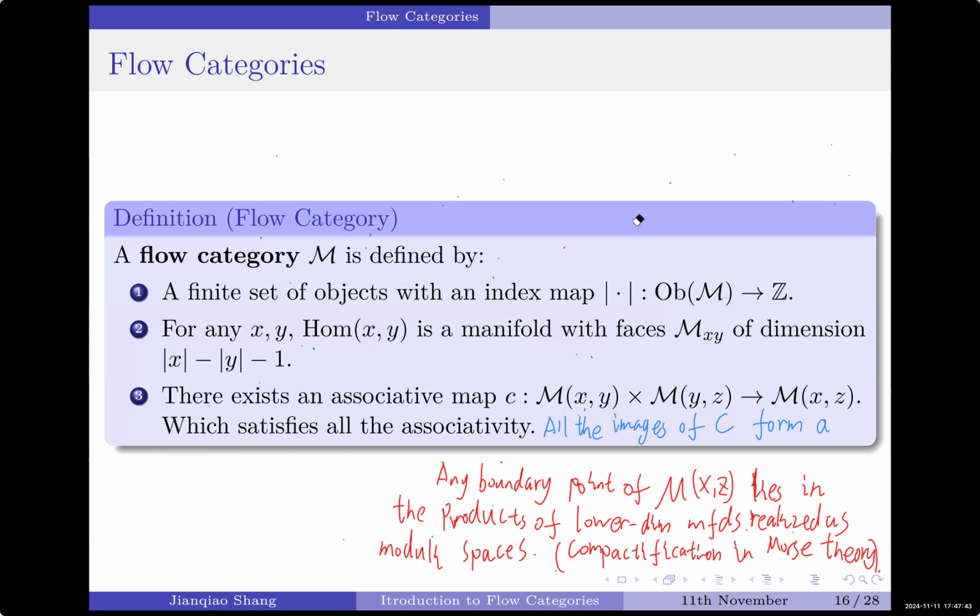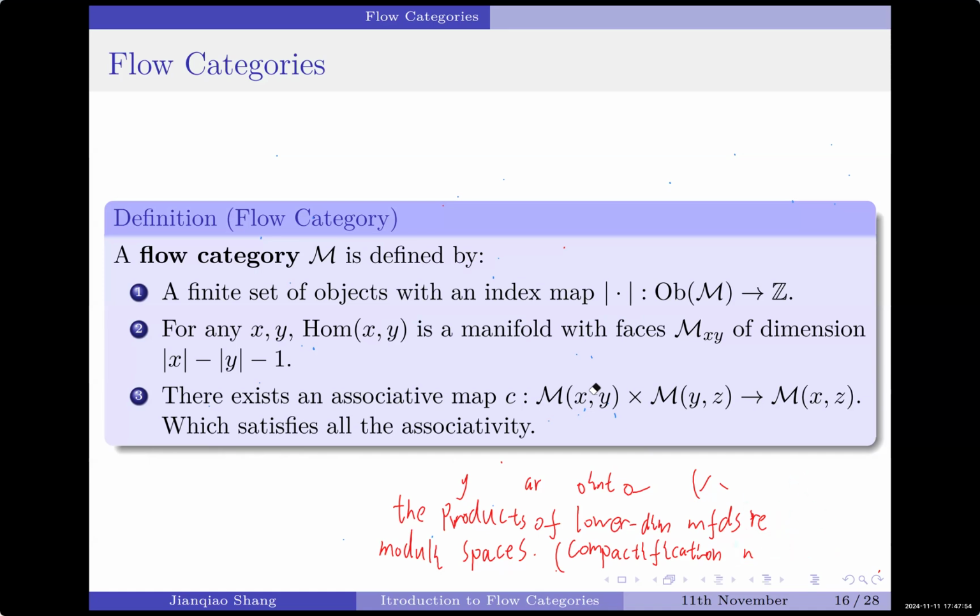Okay, any questions? If no, let's continue. Let's continue to translate everything in the first part into the category language.